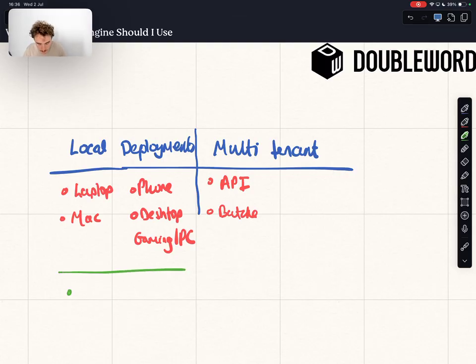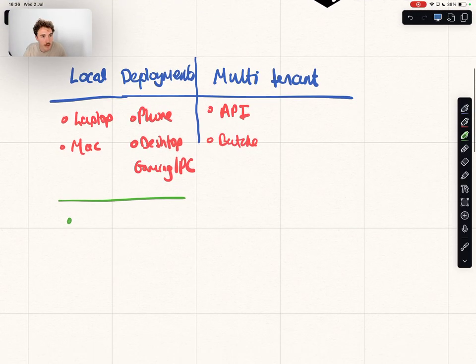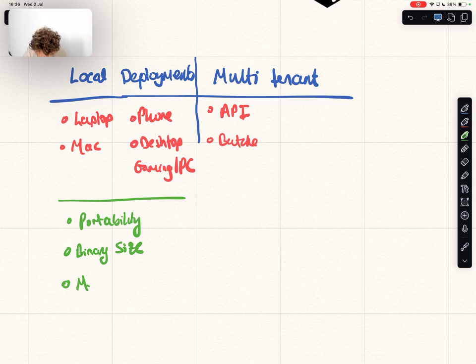In local deployments, the consideration you really care about is portability. If you're designing an inference engine for a local deployment, it better run on hundreds of different pieces of hardware. Who knows what your users are going to come to you with? Maybe you want to optimize for binary size. You have no idea what kind of RAM or memory requirements people are going to have.